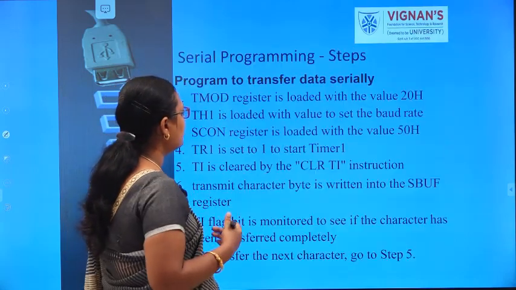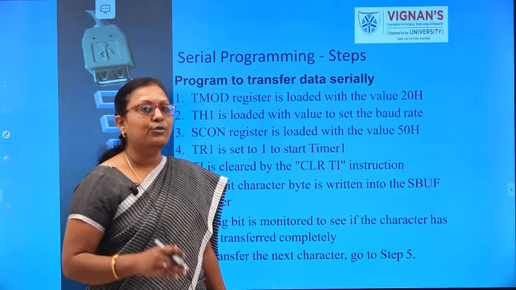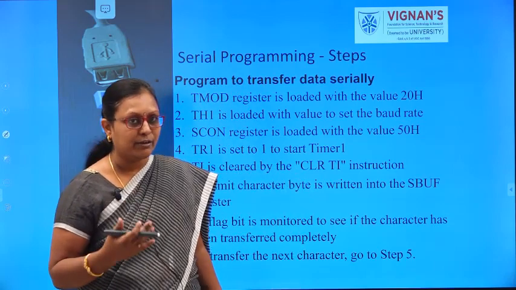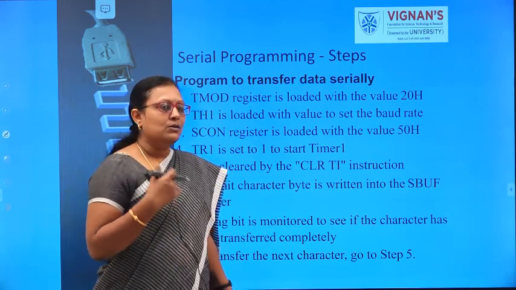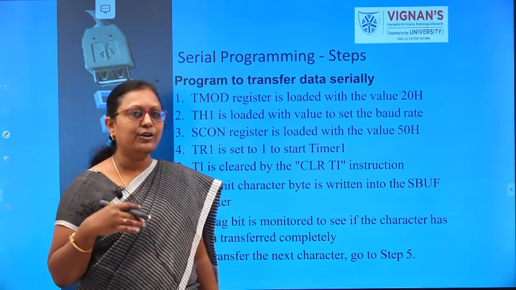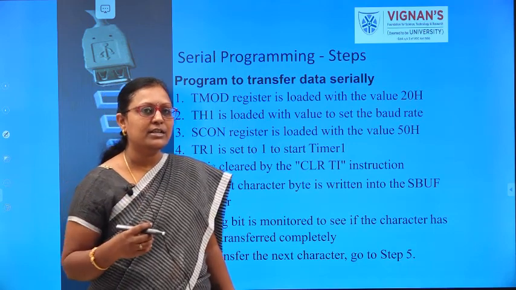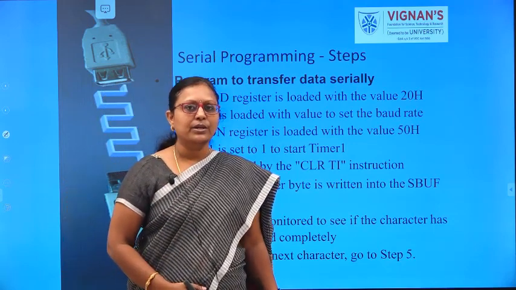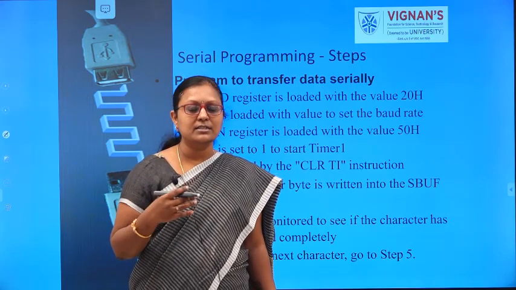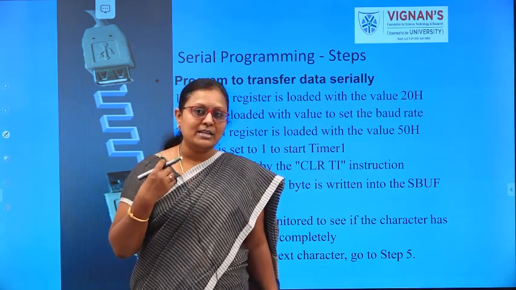Now coming to the programming session, we look at how to program for transmitting data serially as well as receiving it. First we are going to see the transmission of data. Initially you have to initialize the timer mode register, load the TH1 register with the baud rate value, and initialize the SCON register.